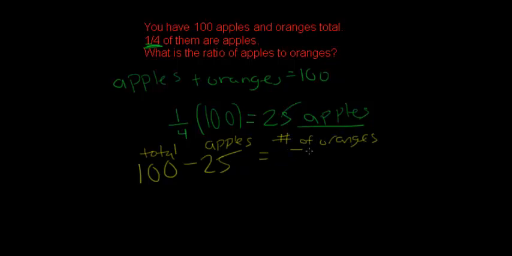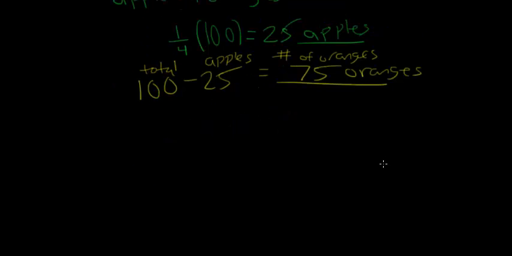So 100 minus 25 is 75. So you have 25 apples and 75 oranges. Now you can just set up your ratio to find the ratio between apples and oranges. So you have 25 to 75. That's apples to oranges.